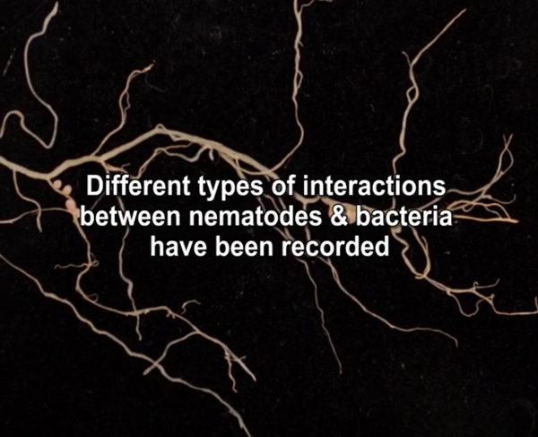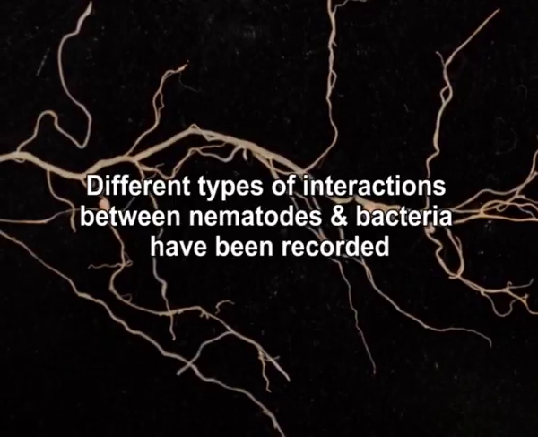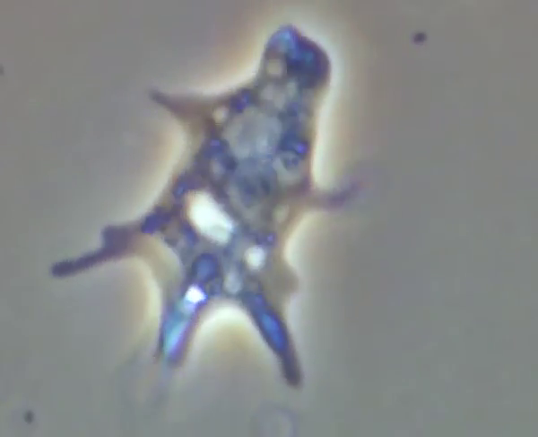Different types of interaction between nematodes and bacteria have been recorded. Now, the first one: expression of a disease entirely different from that caused by either pathogen alone. The Tundu or yellow slime rot disease of wheat is a result of essential interaction between Anguina tritici and the bacterium Clavibacter tritici, otherwise called Corynebacterium tritici.